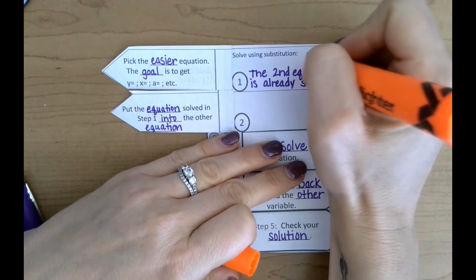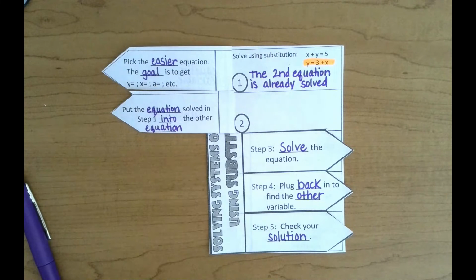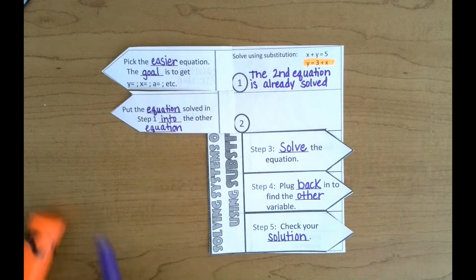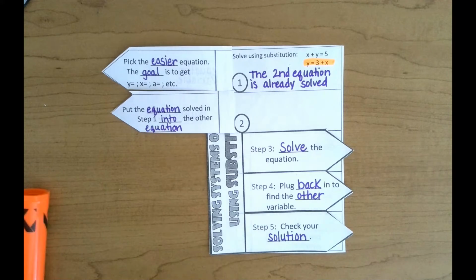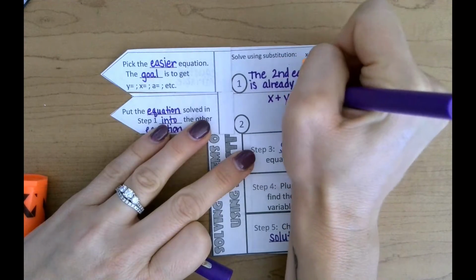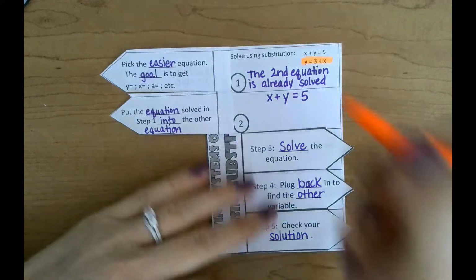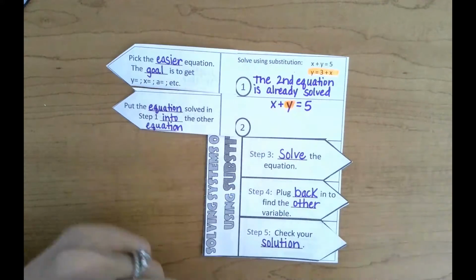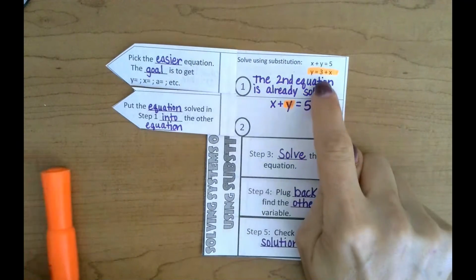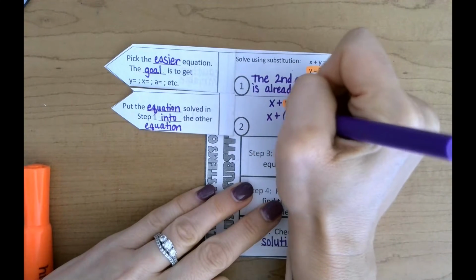So since y equals 3 plus x, I'm going to highlight that one because that's the one that's already solved. Then we need to use the other equation, which was x plus y equals 5. And we're going to substitute for y. So if y equals 3 plus x, I'm going to substitute 3 plus x.